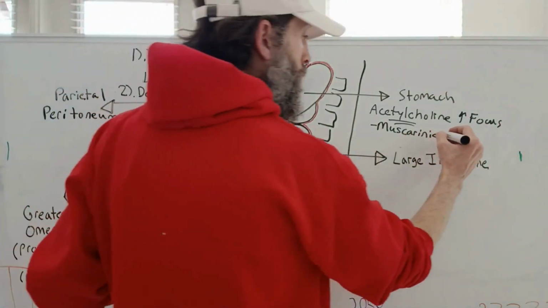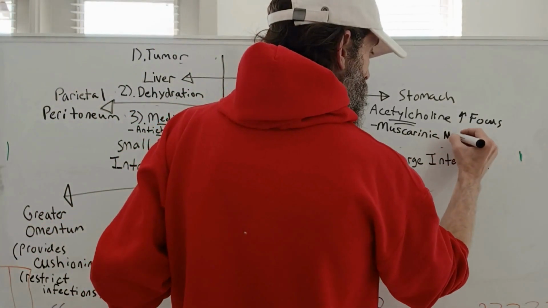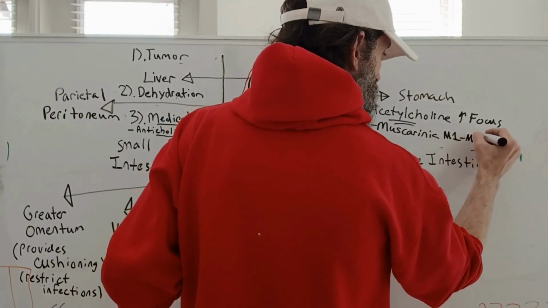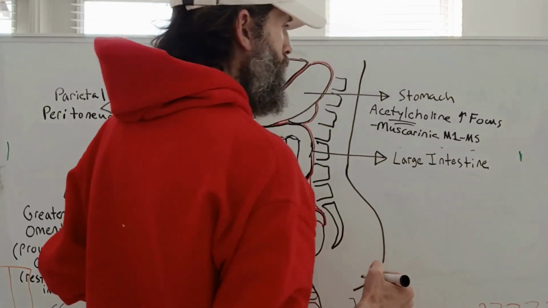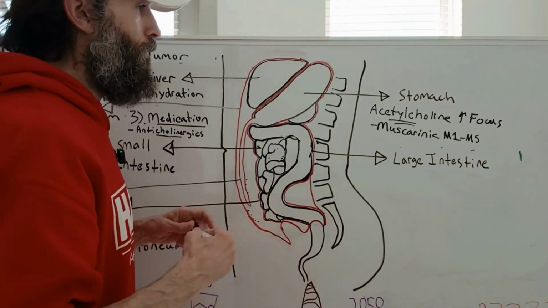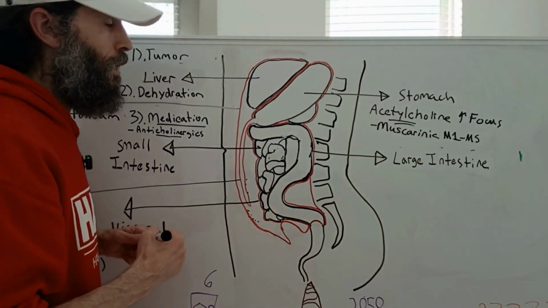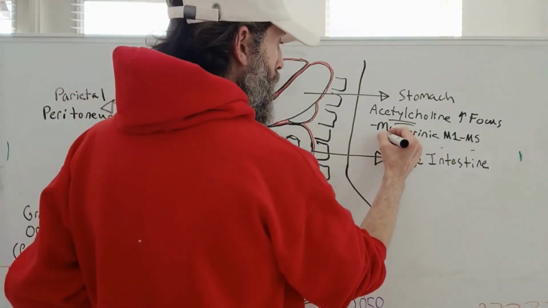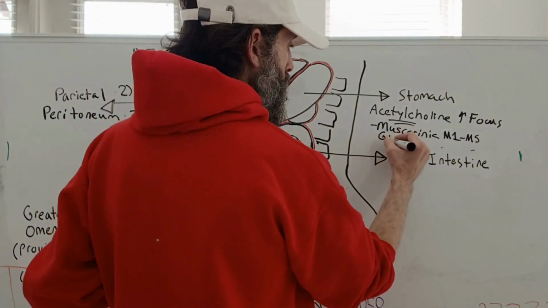And I believe it's M1 through M5. You neurology peeps and pre-med and doctors can correct me on that. I believe it's M1 through M5 for muscarinic acetylcholine receptors. The type of receptor, which we're definitely going to be talking about in future episodes, it's a big topic.